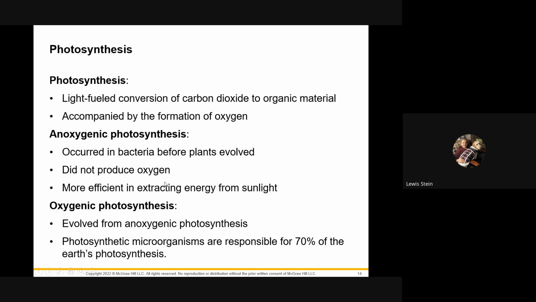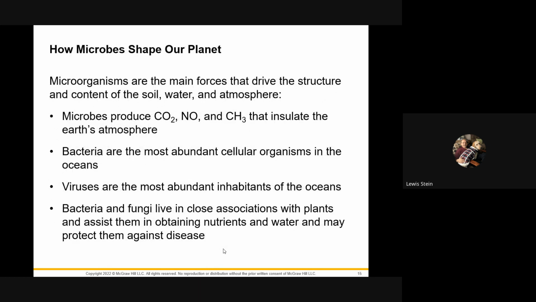But we are effectively being able to utilize sunlight, create edible substances. As an aside benefit, we get oxygen. So photosynthetic microbes are responsible for 70% of the Earth's photosynthesis, microorganisms like algae and photosynthetic bacteria.